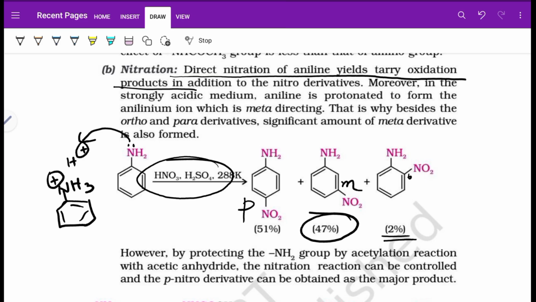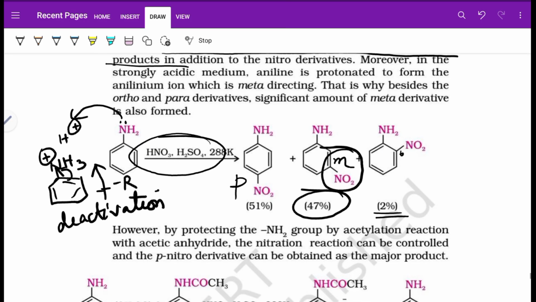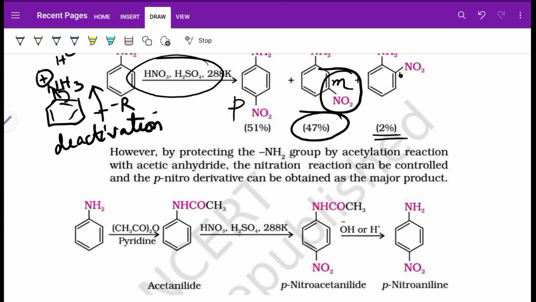On account of the plus charge over nitrogen, there occurs a minus R effect and hence deactivation of the benzene ring, for which you get the meta substituted product in good yield. So, this is the reason for the meta product.